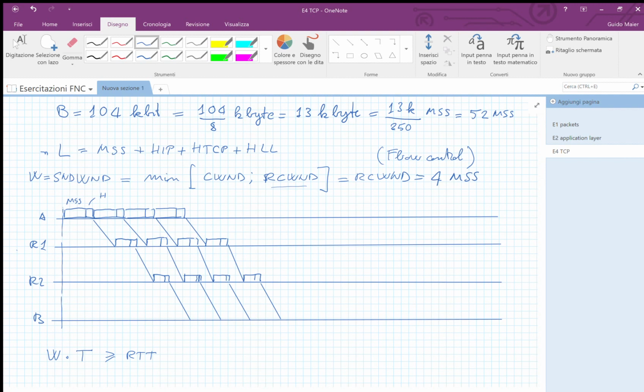Then the text says that the ACK length is negligible, so when ACKs are transmitted, they go directly. Now this is not precise, but okay. They arrive to A, the transmitter.